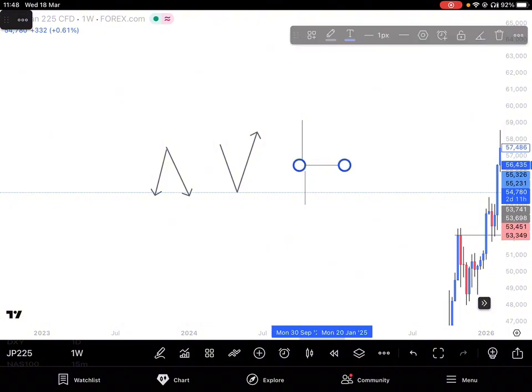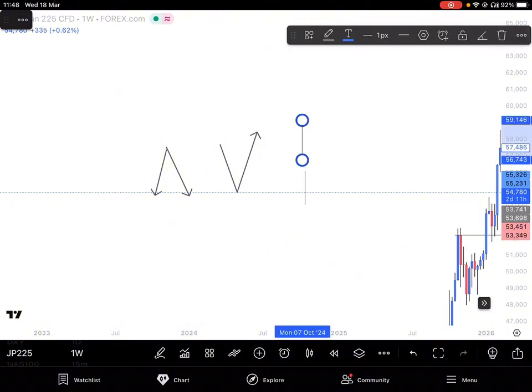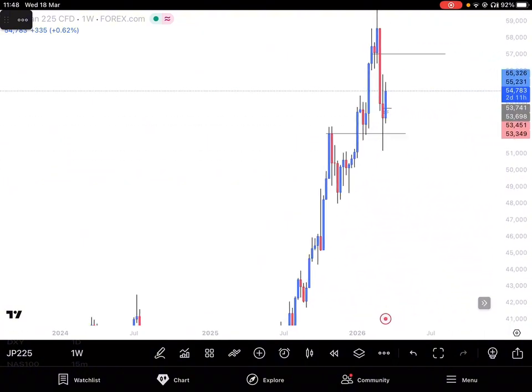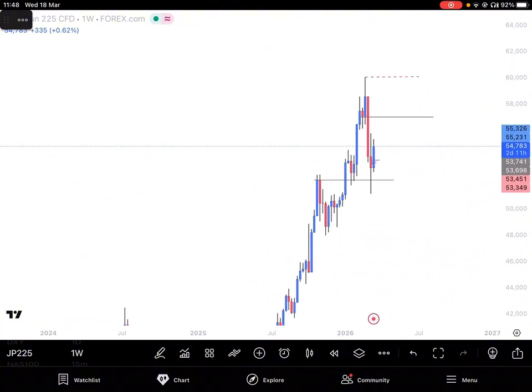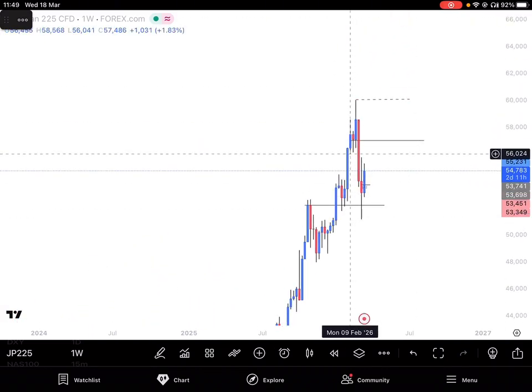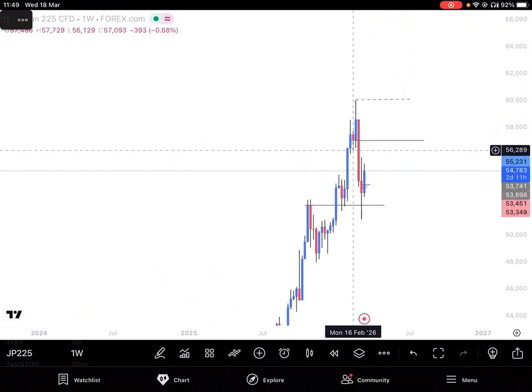And then we have liquidity. What is liquidity? Liquidity is like a driving force for markets. It is what moves markets, what draws markets. Here you can see all these are liquidity.